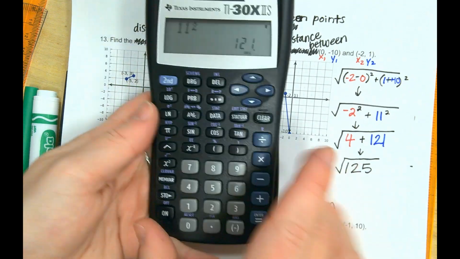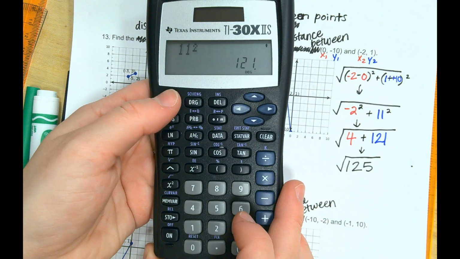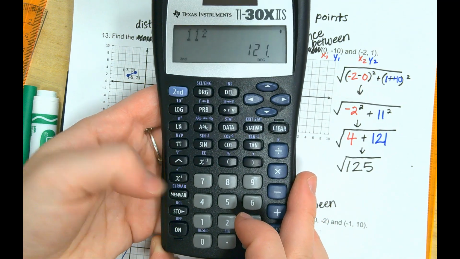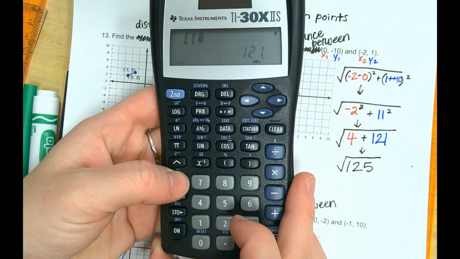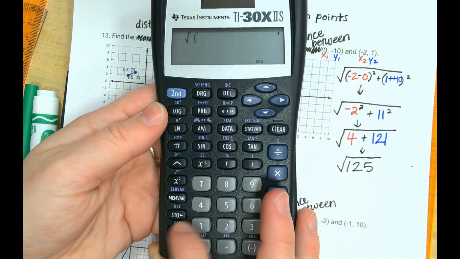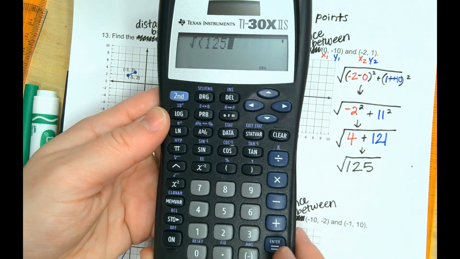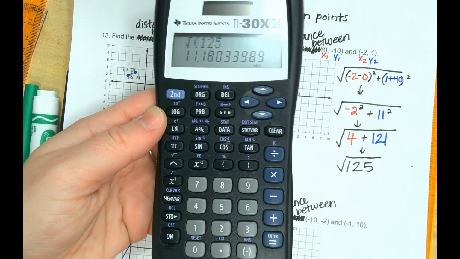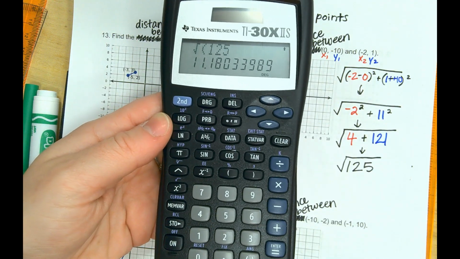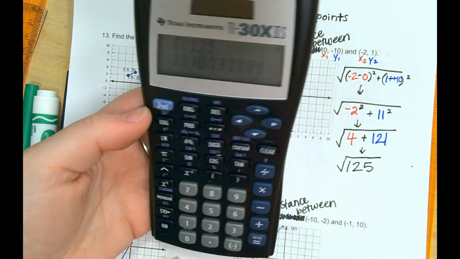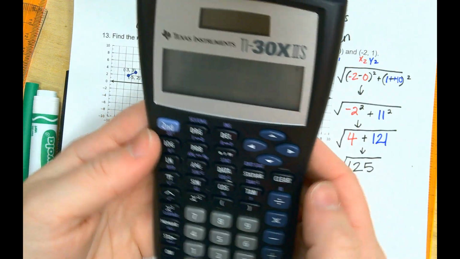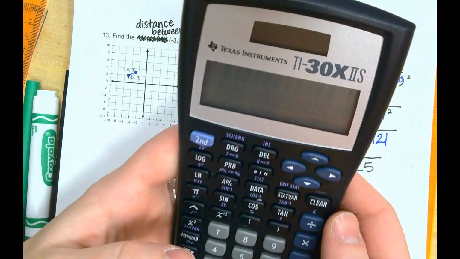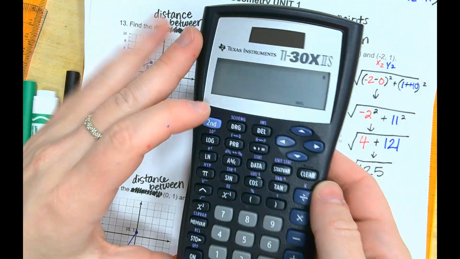So I need to hit second and my square root button, which is on x squared. And I'll just type 125. You're not typing a negative when you type in square root. Oh, you can, but that's going to give you an imaginary number. That is something you learn about in algebra 2.